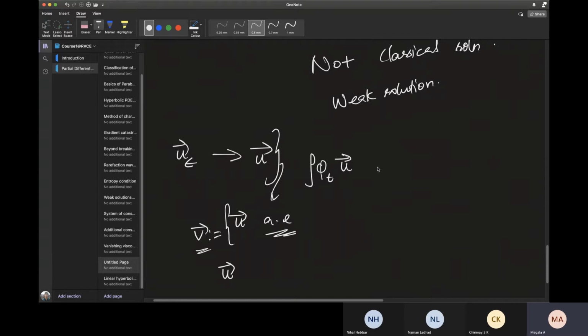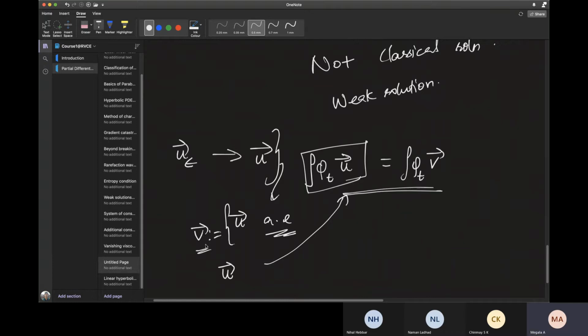So now if you have a test function, multiply it by the test function, do integration by parts, you'll get something like this. So this is integral phi t into u vector will be equal to integral phi t into v vector, because v vector and u vector are equal except at certain points, and those discrete points do not contribute to integration. So this is equal.